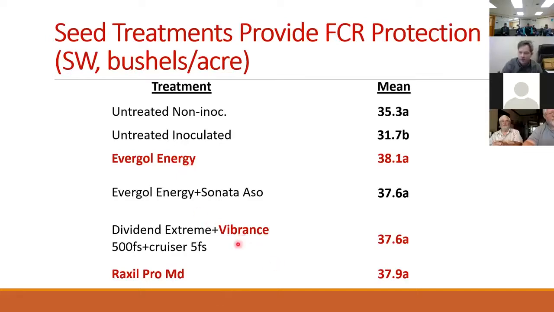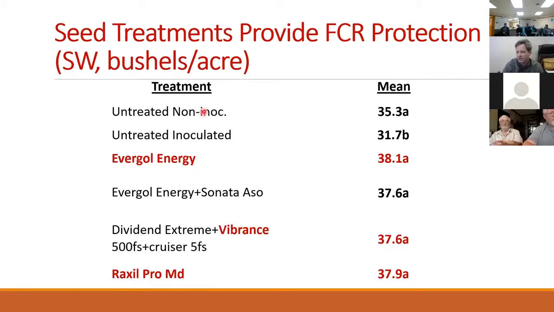Two other great products that work equally well are Cruiser Max, the Cereal Max product by Syngenta that has Vibrance in it. The Vibrance product really provides excellent control for these two diseases. And finally, the other Bayer product, the Raxil Pro MD products, also do a really good job.